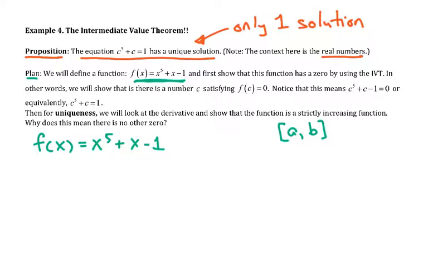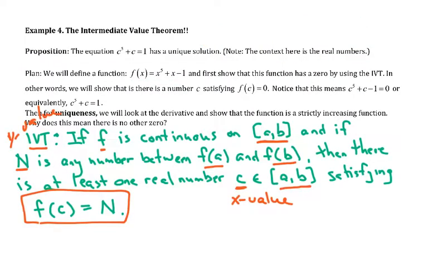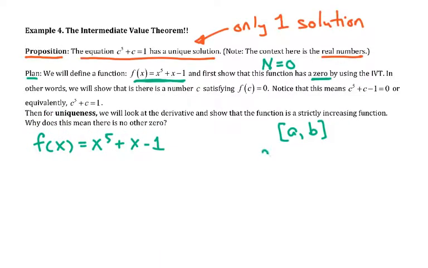because what are we looking for? We're looking for a zero. So when you're looking for a zero, the n in the intermediate value theorem is 0. And so we need to have n between f of a and f of b. What you do is you want one of these to be positive and one of these to be negative.